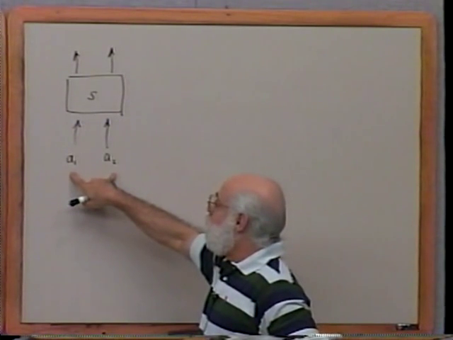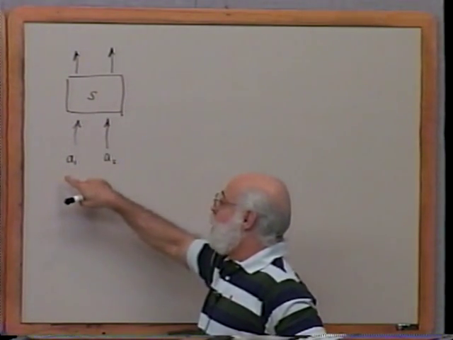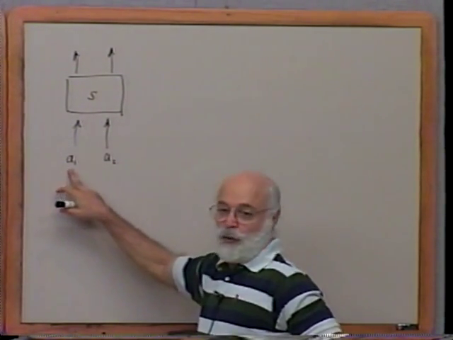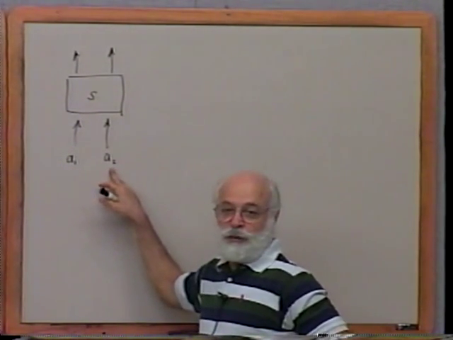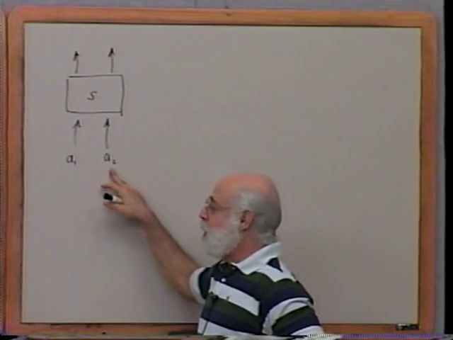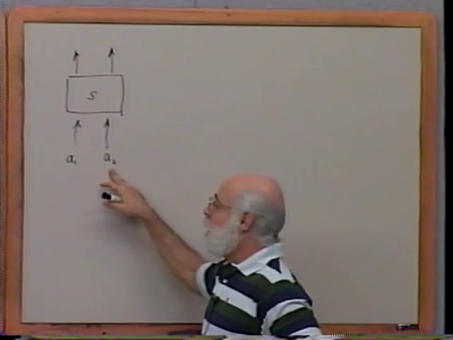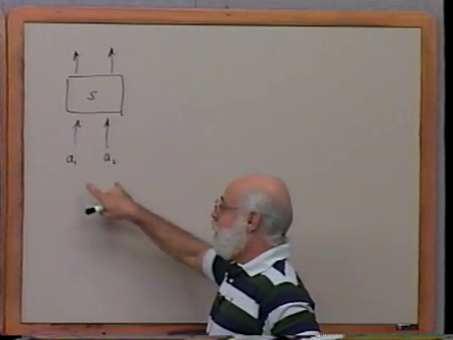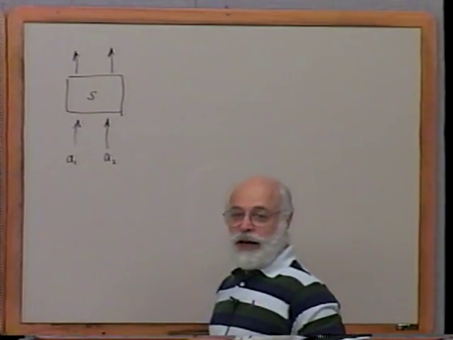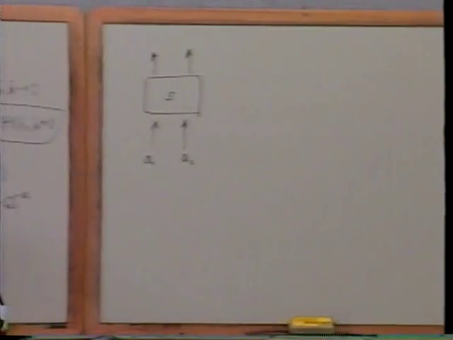So whatever the probability is that all servers are busy, that is the fraction of customers from stream 1 who are lost, and it's also equal to the fraction of customers from stream 2 who are lost. So what I've got to do is calculate the probability that all servers are busy in this system.